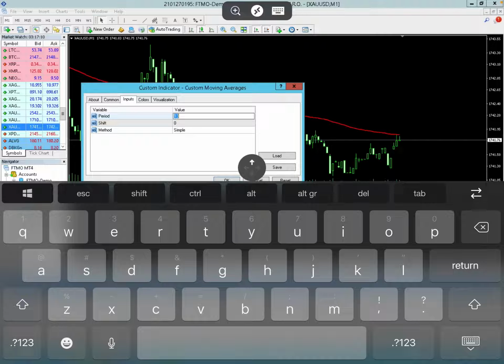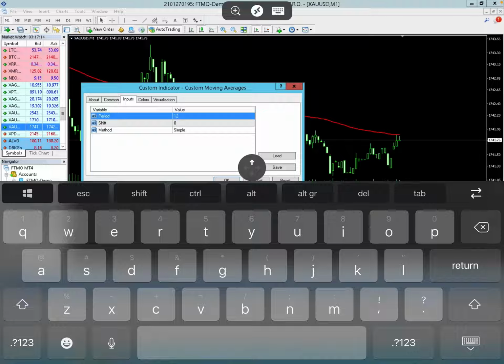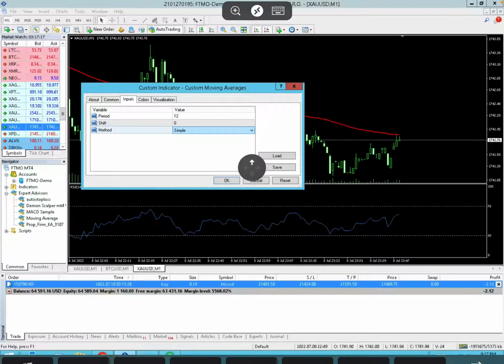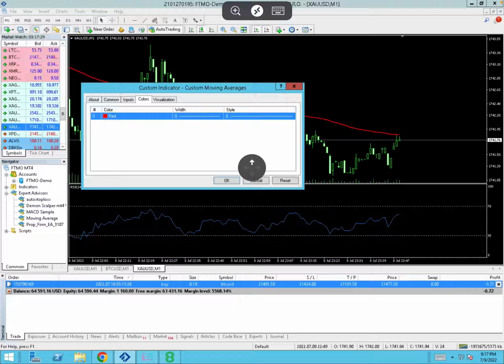There we go. 12, return, and then not simple, but rather exponential.